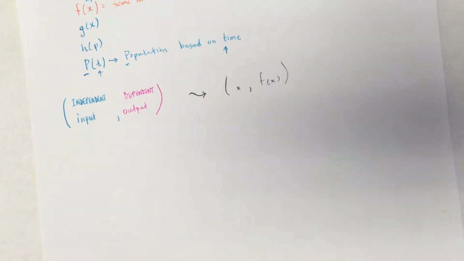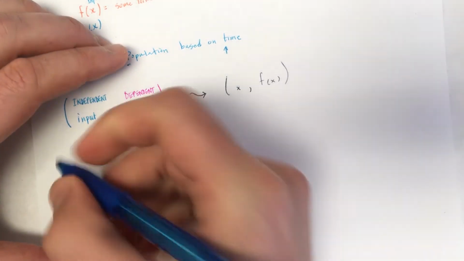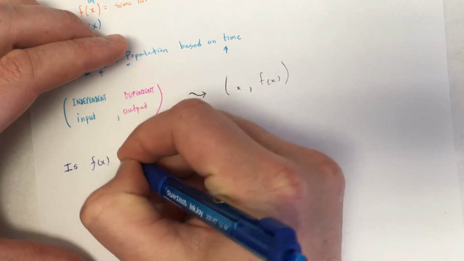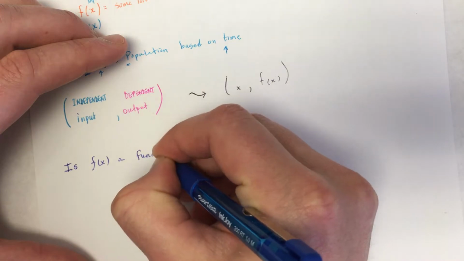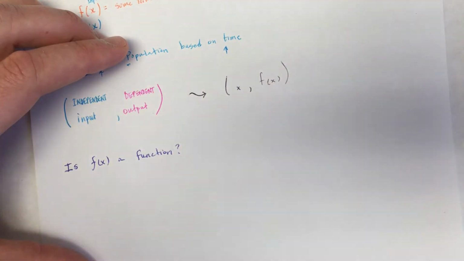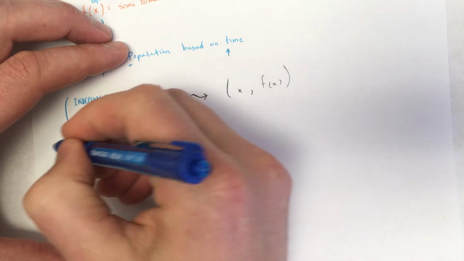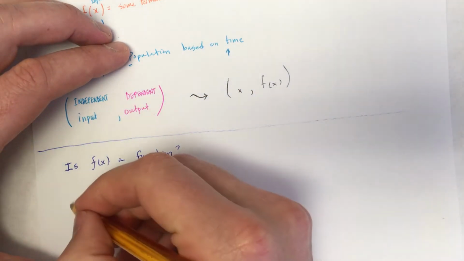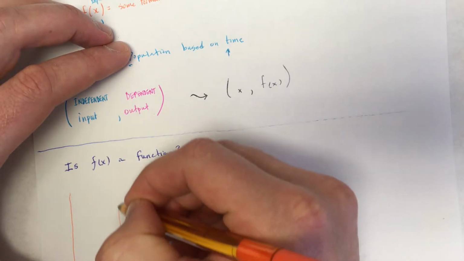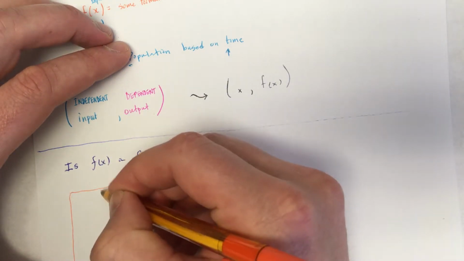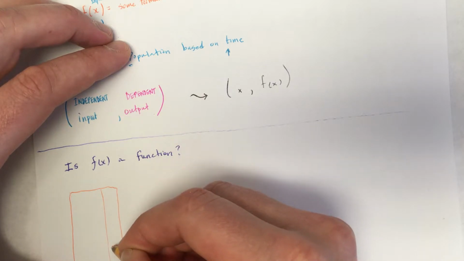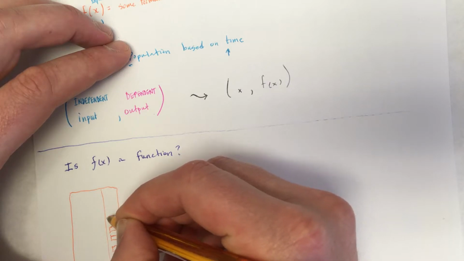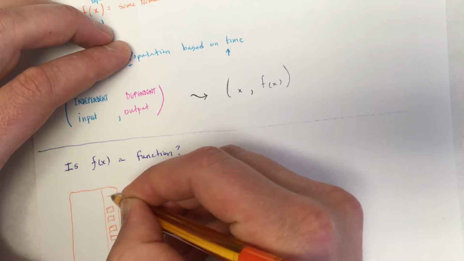Okay. The next thing they oftentimes ask us about is, let's just say, is f of x a function? And what they mean by that is we do have certain rules surrounding functions. Like a soda machine or whatever you have. Whenever you push one of these buttons, your hope is that it outputs exactly what you're asking for.